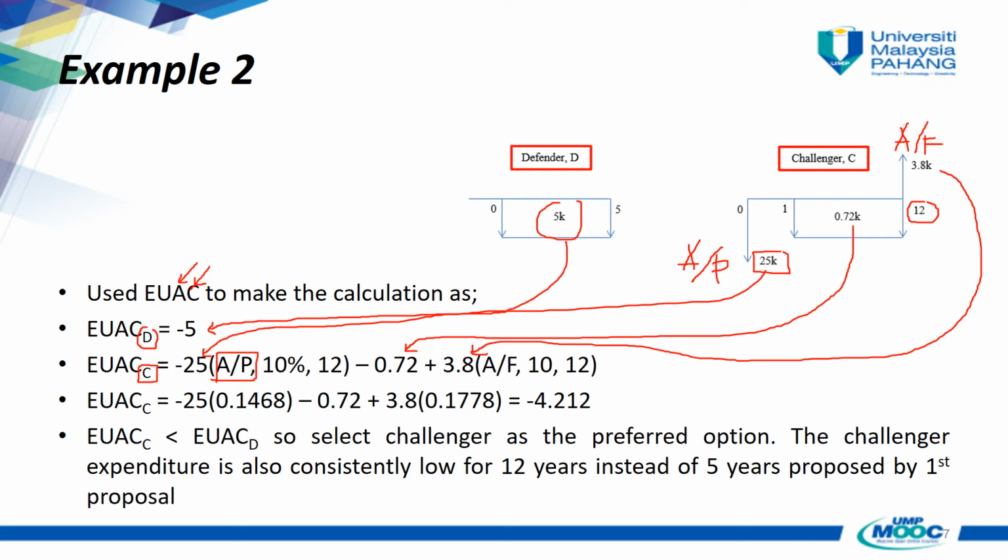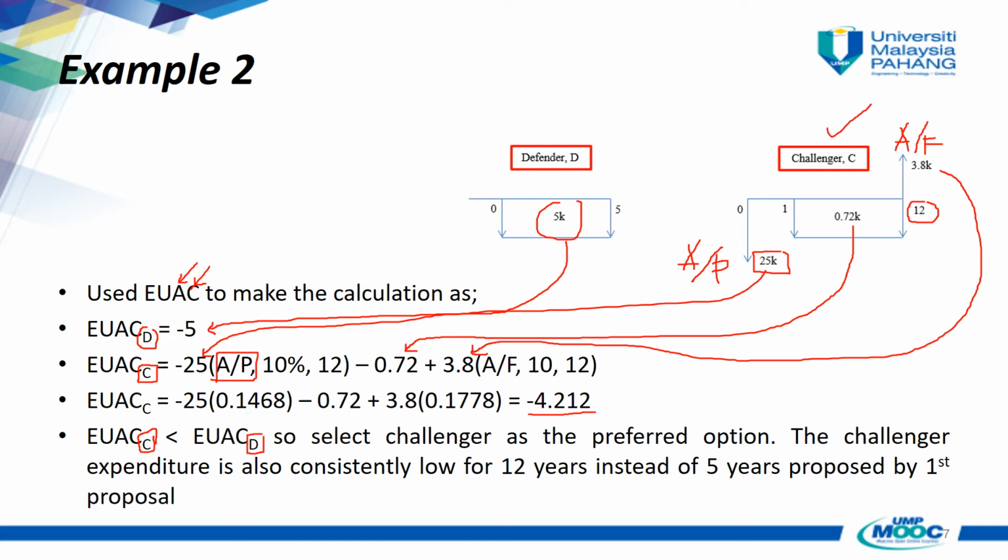Once we compile all the data for the EUAC of the challenger, we will see that the challenger has negative 4.212. We compare EUAC for C to D, and we see that EUAC for C is lesser compared to the defender.